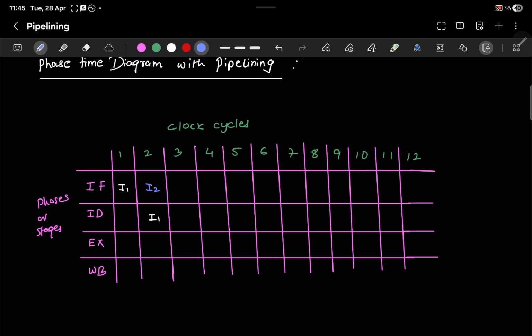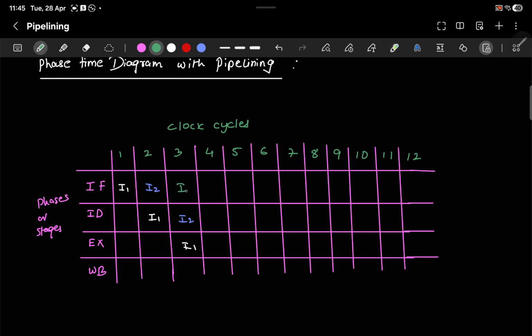Now at clock 3, what will happen? I1 will move to the execution phase, and I2 will move to the decoding phase, and you can clearly see that the fetch phase at the third clock is idle. So why waste that time? You utilize it by fetching one more instruction.